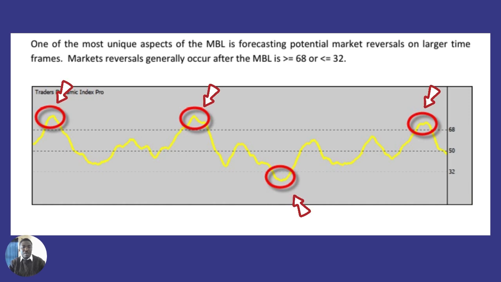So if the market is bouncing off from level 32, you know that you will continue to take several buy trades until it gets to level 68, okay? And if it's bouncing from level 68 down to 32, you take several sell trades back to level 32. I hope that is clear as well.